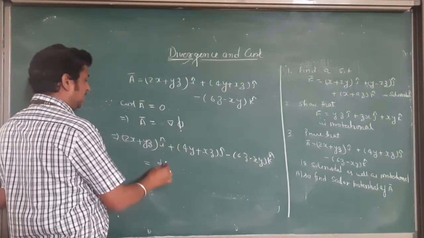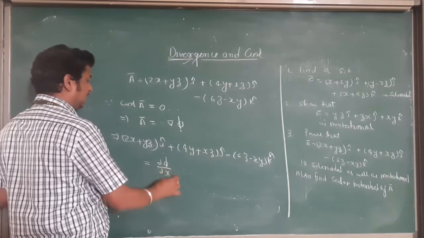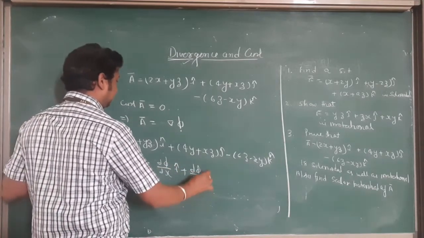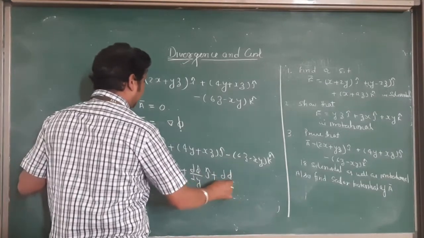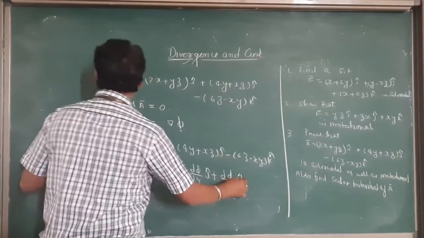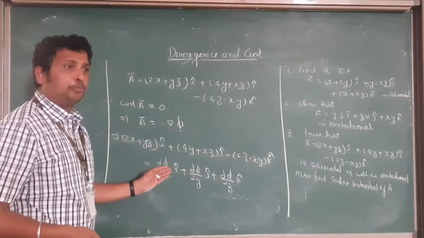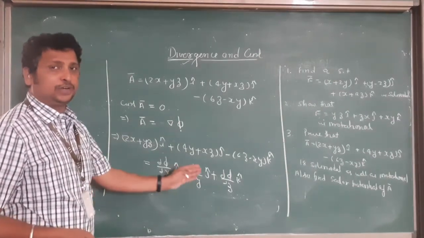What is del phi? Gradient. So del phi over del x i cap plus del phi over del y j cap plus del phi over del z k cap. So compare both sides, because two vectors being equal means the i component is equal to i, j with j, k with k.